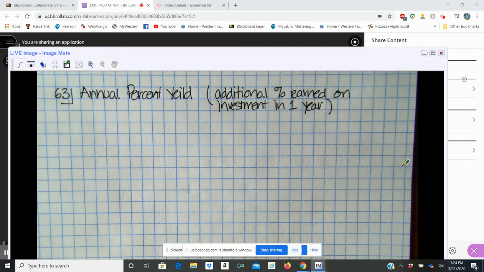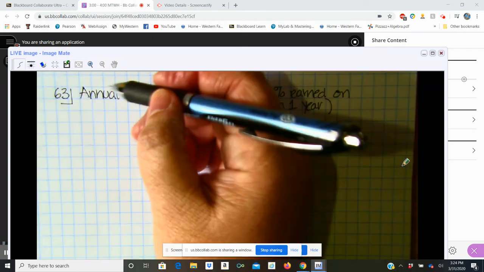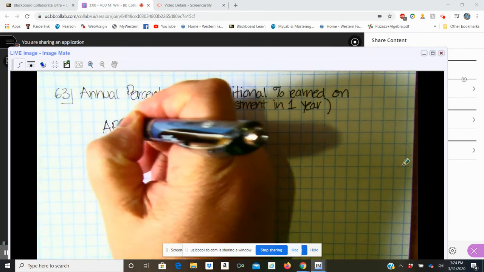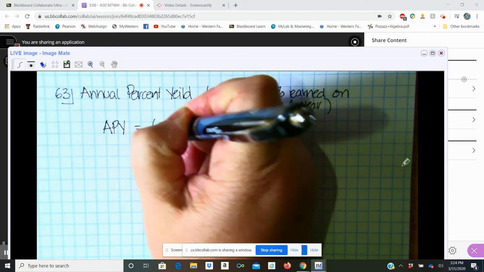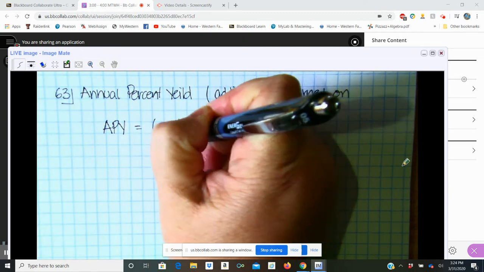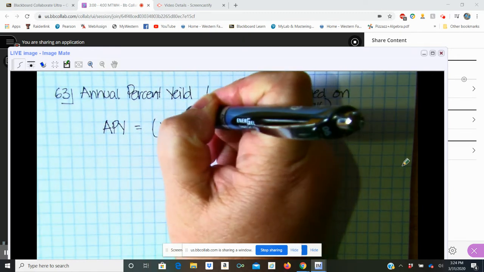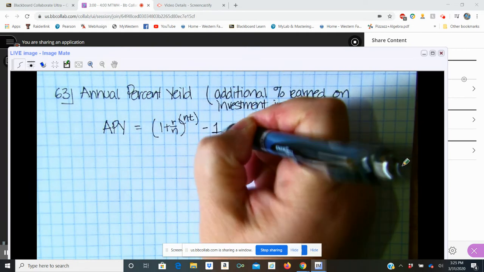Sorry, I need to reference my book. In order to find your APY, you can use the 1 plus R over N to the NT power, but you have to subtract 1.